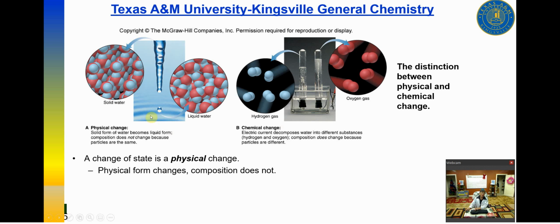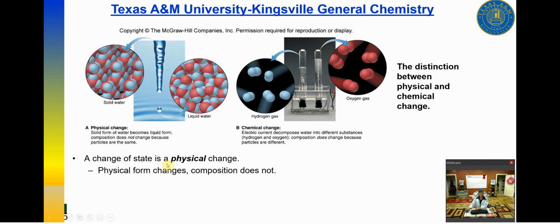In this graph, A and B, I showed you the distinction between physical and chemical changes. For example, in A, if you have solid water and heat it up, solid water becomes liquid. Liquid water, you cool it down, liquid becomes solid. So this is a physical change. There is no new bond formed.